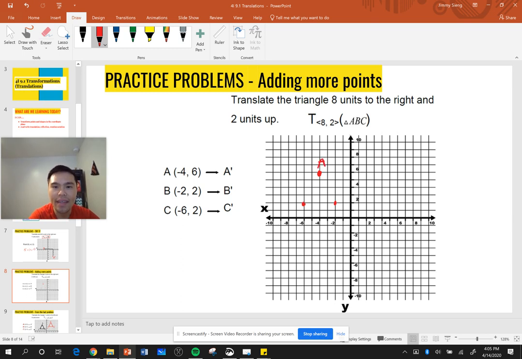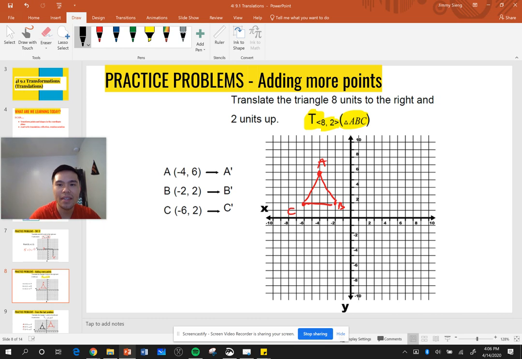So that's A, that's B, and that's C. All right. So I'm going to take triangle ABC, and it says here, T stands for translate. Go to the right 8 and go up 2, using that translation on triangle ABC, okay?